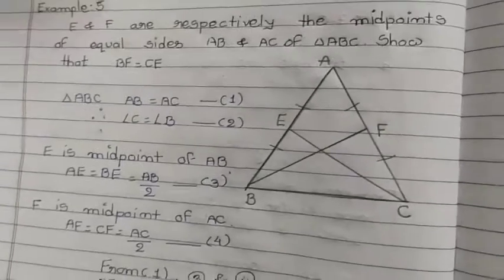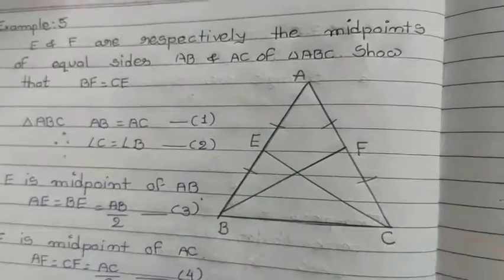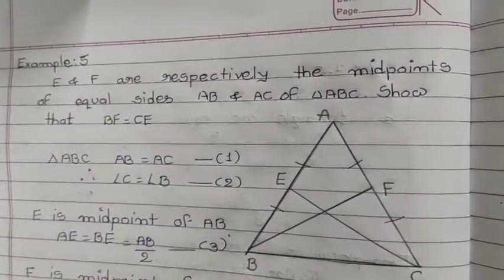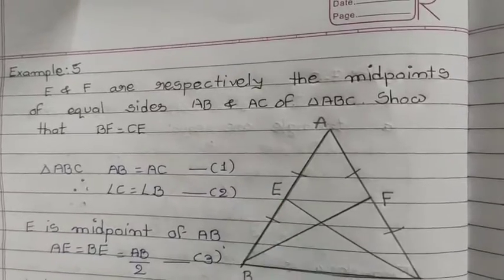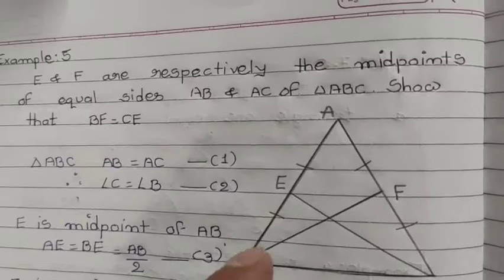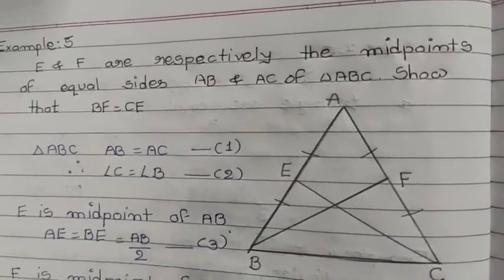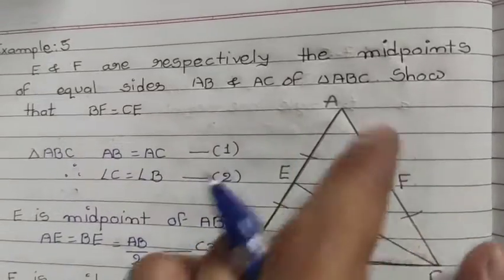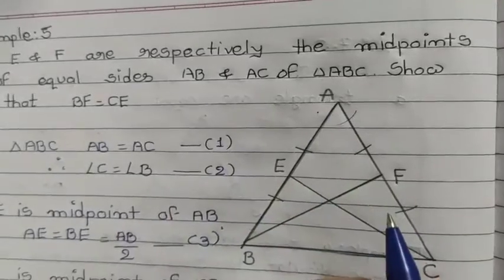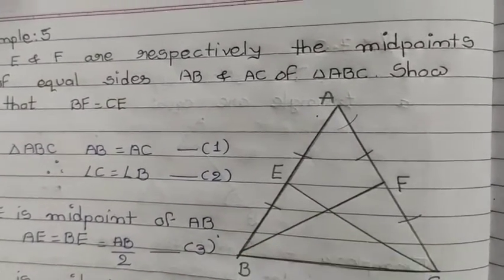Now we will take triangles ABF and AEC, and you are thinking how I know that we have to select these triangles. We have two options. We can select BEC triangle and BFC triangle, then we can definitely prove BE is equal to CF. But if we take these triangles, then A is a common angle. Or we can choose BEC and BFC.